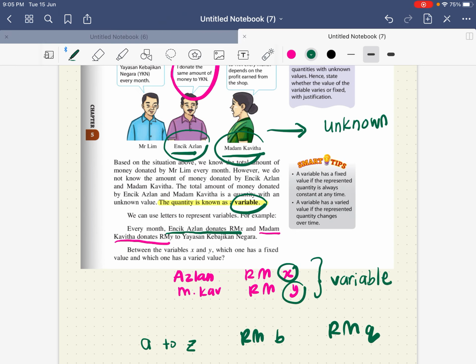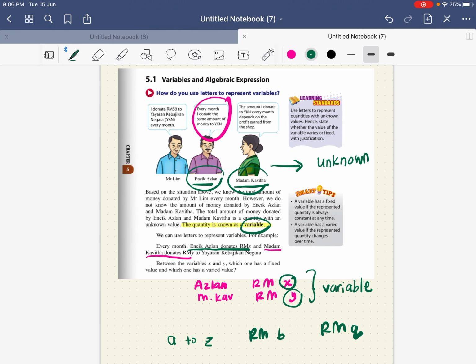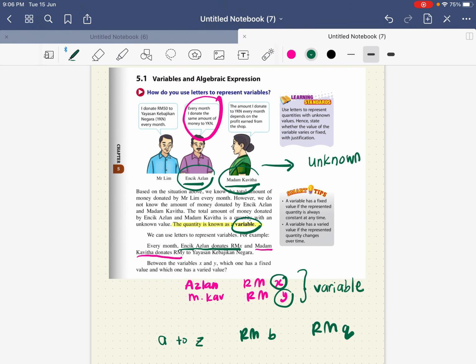So you can say there are x people in Kuantan, there are w people in KL, there are a people in Terengganu. Not just people, you can use it in a lot of other aspects. The stars, bintang-bintang di langit. You don't know how many of them, right? So you can use a variable to represent the value. But use only one: one variable to represent one value.